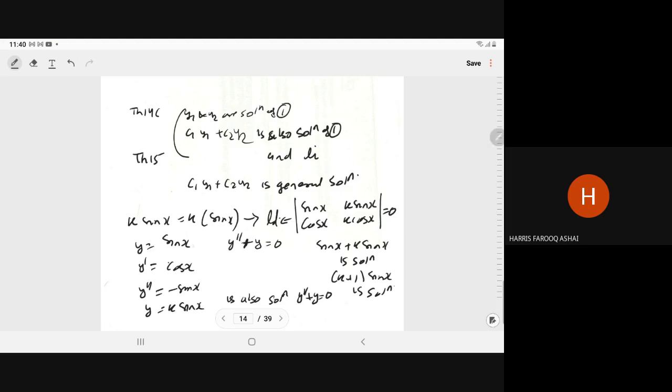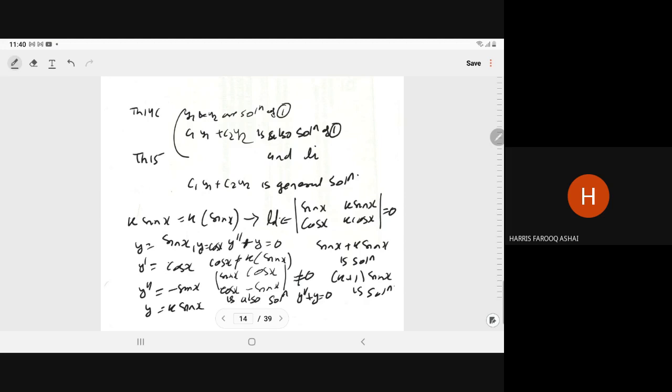So if you assume y is equal to cos x, it is also a solution of y double dash plus y is equal to 0, right? So you can say that cos x is not a constant multiple of sin x, or cos x and sin x are LI. Or you can say that for sin x, cos x and their derivatives, the Wronskian is minus 1, which is not equal to 0.